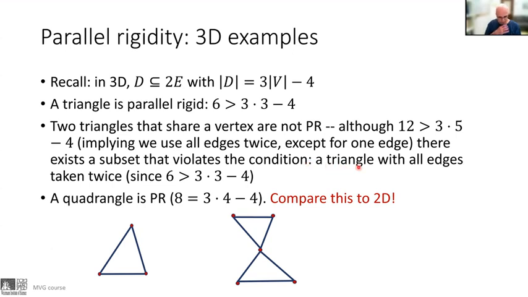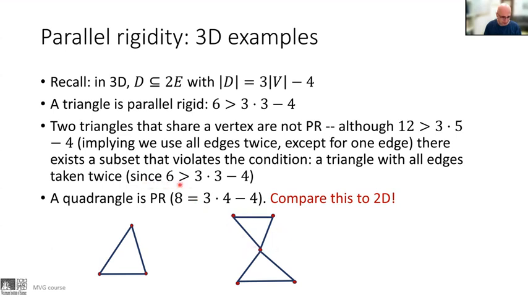Sorry, so one of the triangles will have all the edges twice. That means 6, right? Because we need 11 overall for the first condition. And 6 is more than 3 times 3 minus 4, which is the condition for the subset.